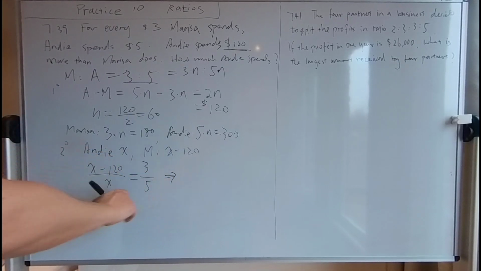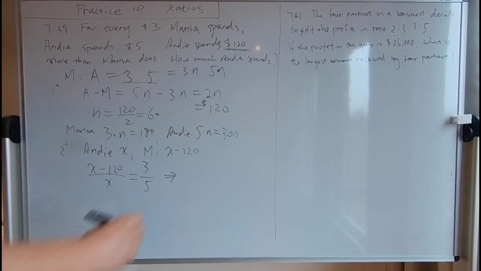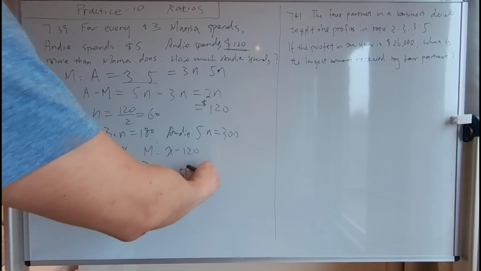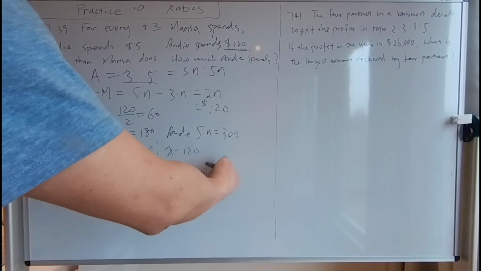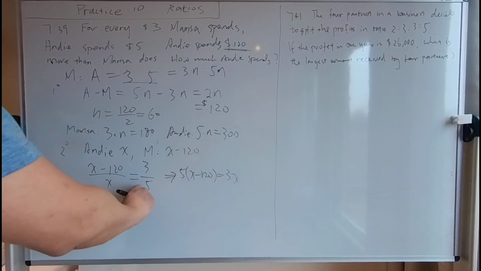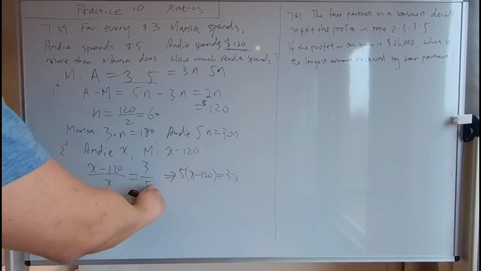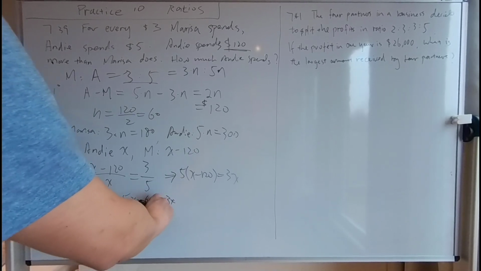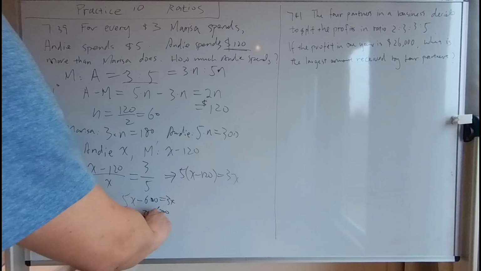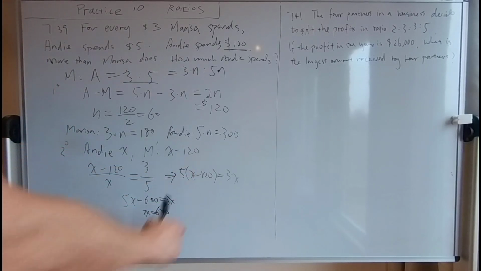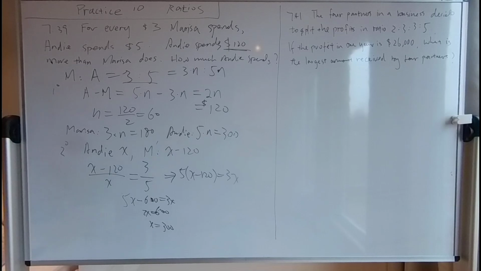There's only one unknown, x, so I can cross multiply and solve for it. Two x is 600, so x is 300. So Andy spends $300, the same answer as the first option.